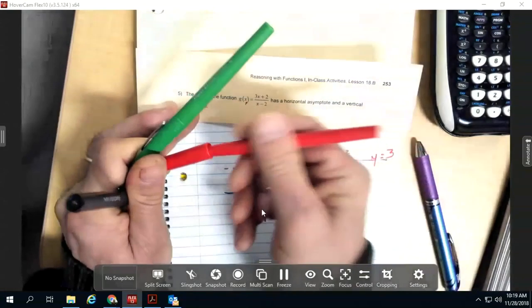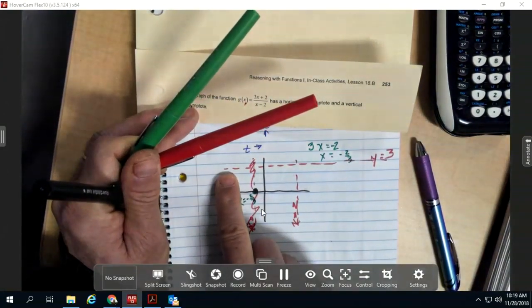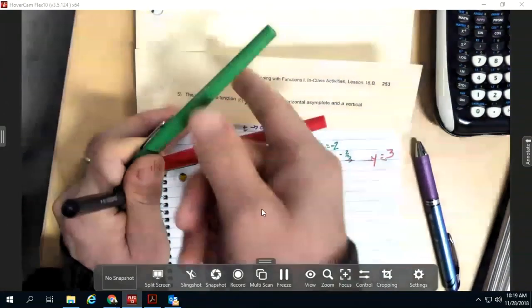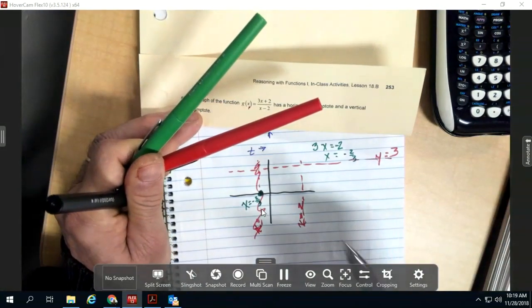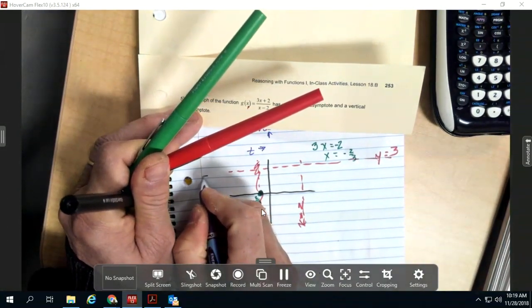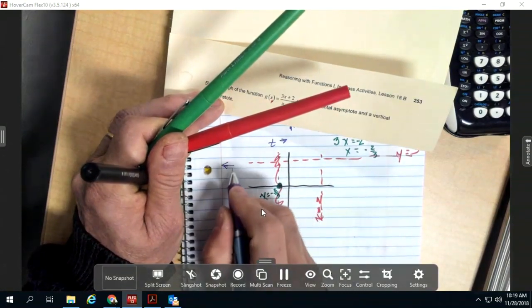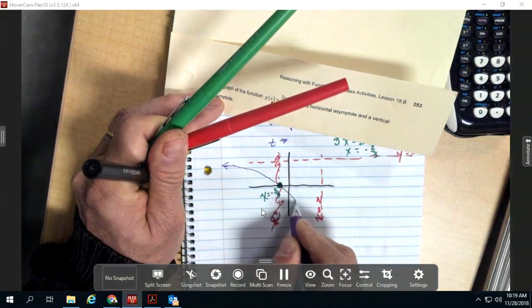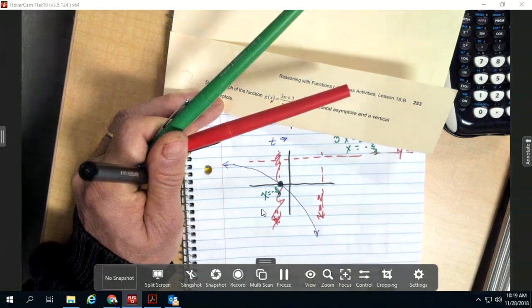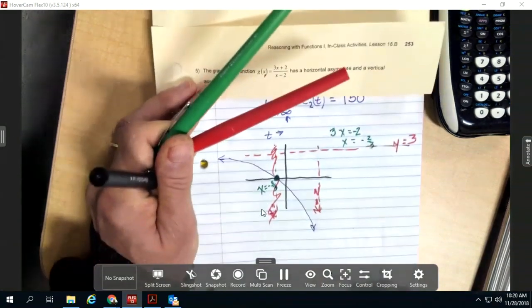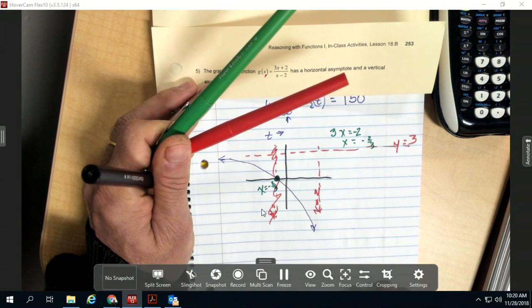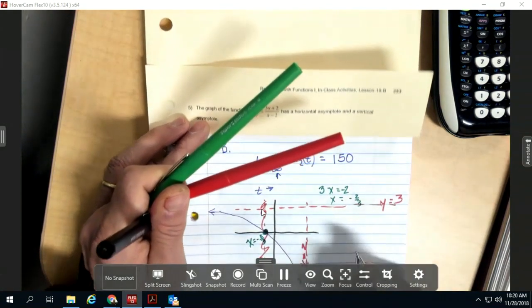So since it goes through this point here, it doesn't cross this line here, our graph is going to come from that negative infinity, go through this point down to this asymptote. What happens on the other side of this asymptote? Positive infinity, right?